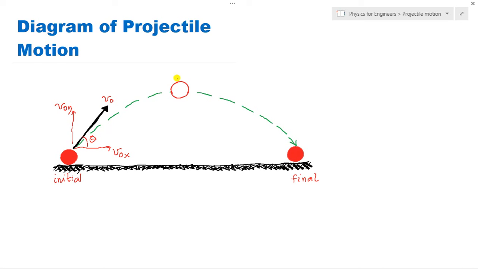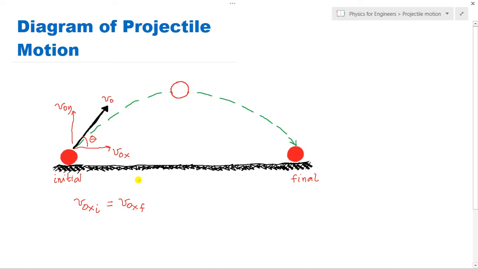And during its time of flight, take note class, we have a uniform rectilinear motion. Therefore, yung initial velocity pala natin along x, so V0x initial is just the same as V0x final.